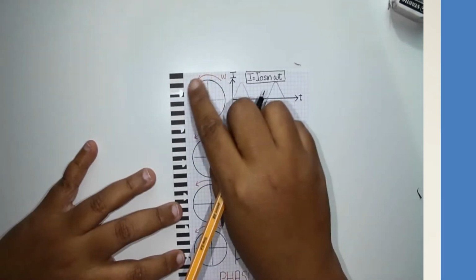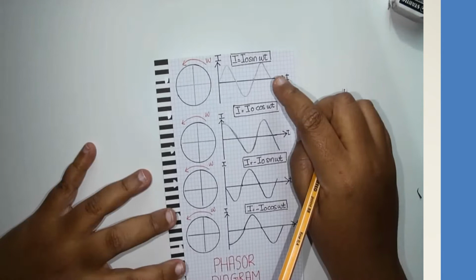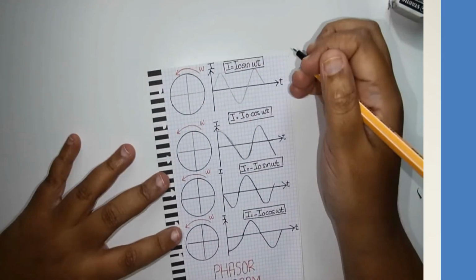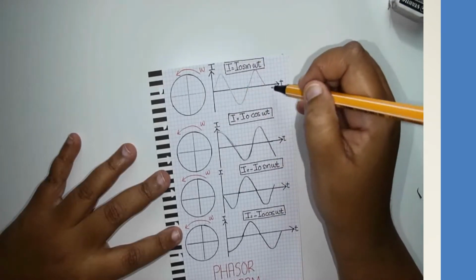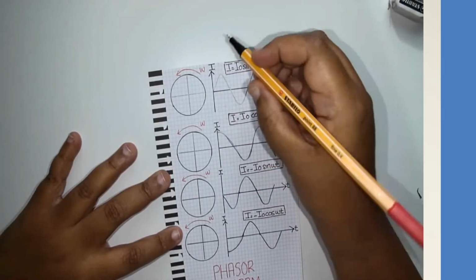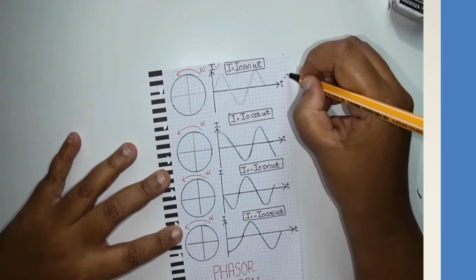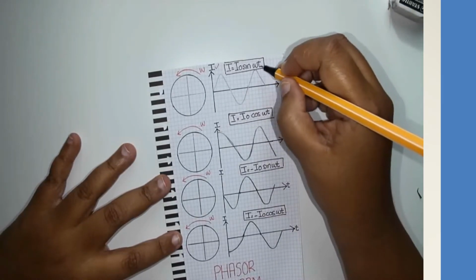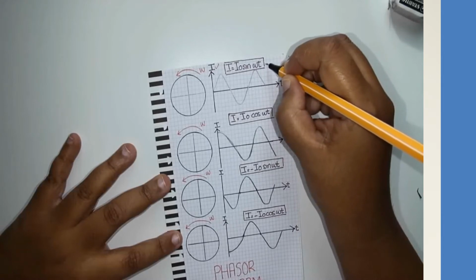This is called a phasor diagram. This is called a function waveform. The first one we have is this function waveform in current. This is current and this is time. For the sine function waveform, we have I equals I naught sine omega t.